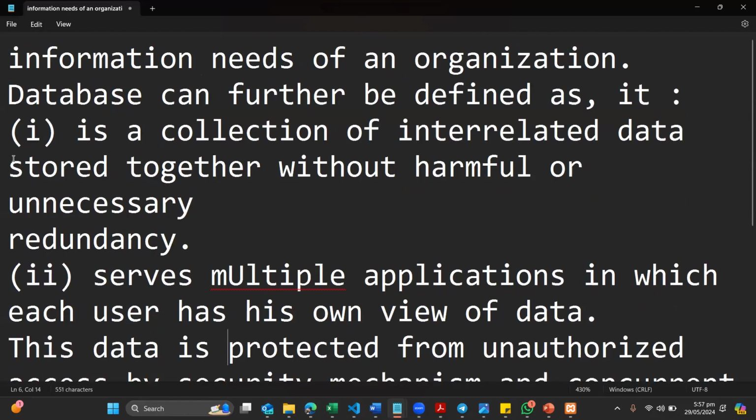So, information needs of an organization: a database can further be defined as a collection of interrelated data stored together without harmful or unnecessary redundancy.